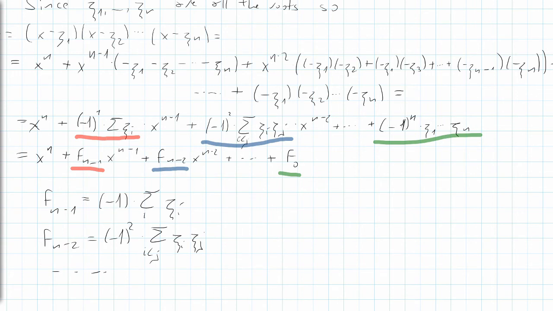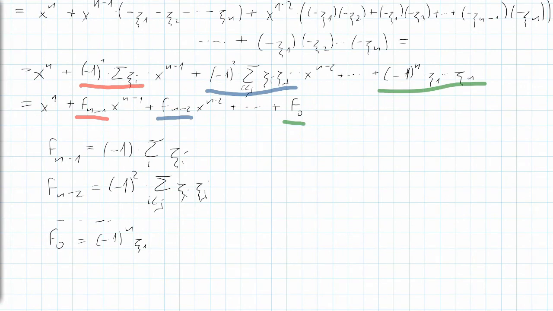Finally f 0 is minus 1 to the power n times the product xi 1 and so on up to xi n, and this is exactly Vieta's formula. So we have proved Vieta's formula in the case when f is monic. And as observed before, the general case follows immediately from the monic case.